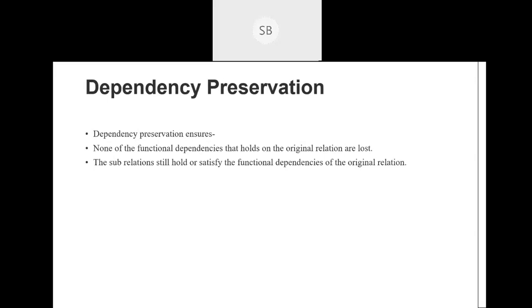We have seen the functional dependencies in normalization. So when we go for this decomposition, none of the functional dependencies will be lost from the original table. When you decompose the table, the sub relations will also hold the functional dependency. Okay, so these are the two properties.